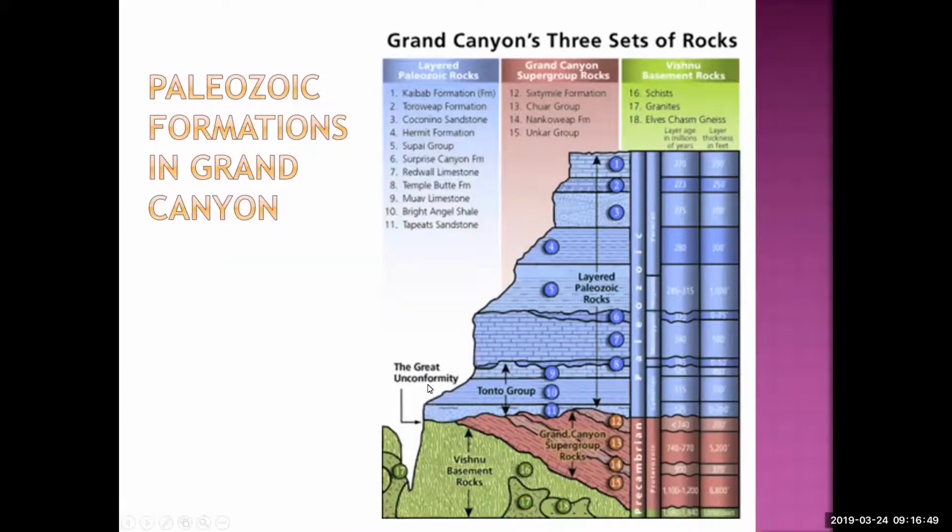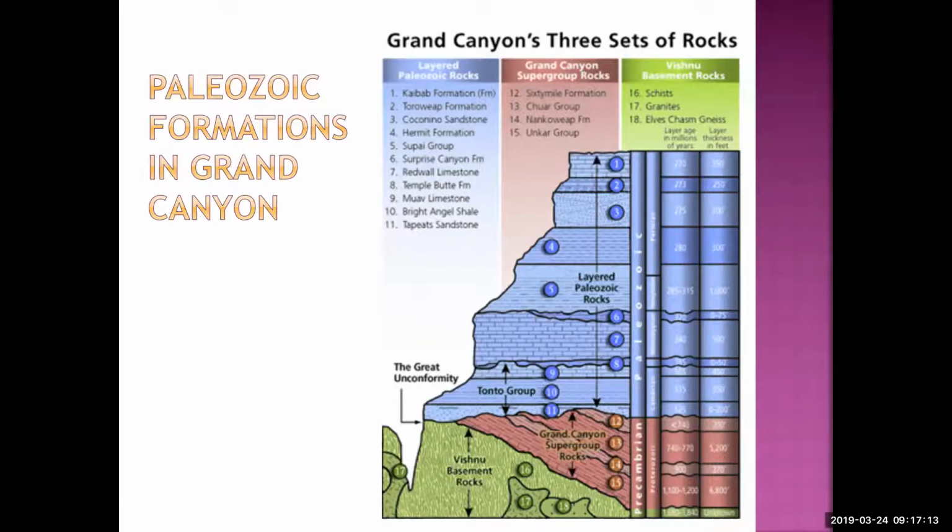So here's the Paleozoic formations in the Grand Canyon. We start with the Cambrian period down here, and then the Silurian and Devonian are missing. That was a period of erosion rather than deposition. So this was all lowland, and then either river sediments or ocean sediments were being deposited.